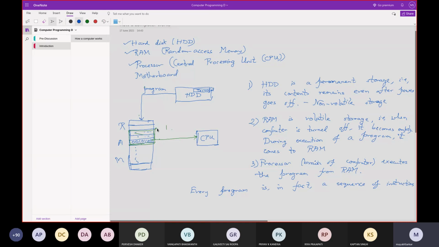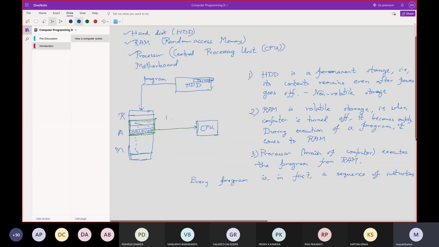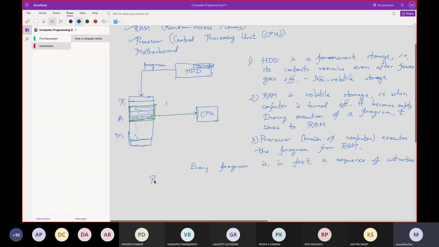And eventually the CPU takes that instruction. Okay, so the CPU or processor reads the instruction. Okay, it is 256 already. This is the last line.